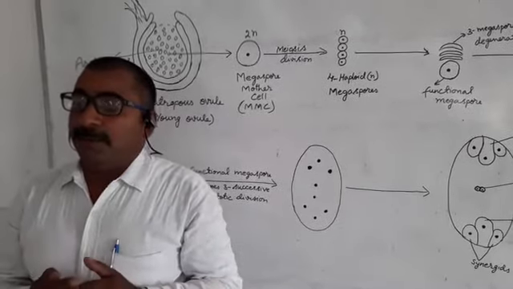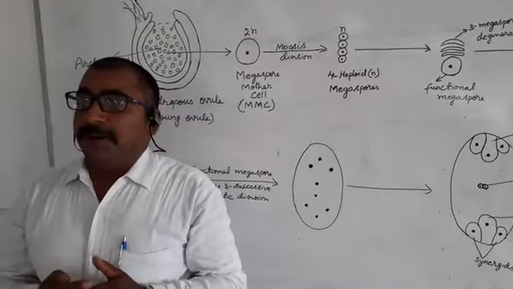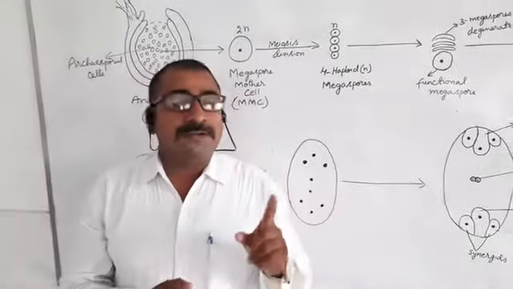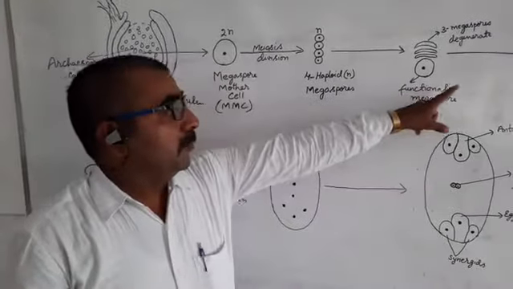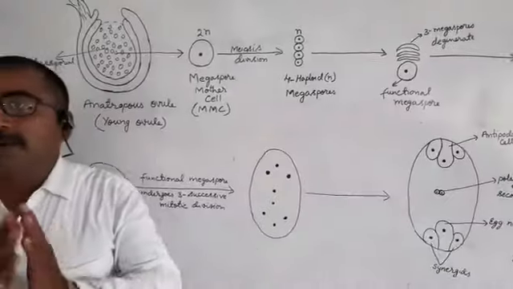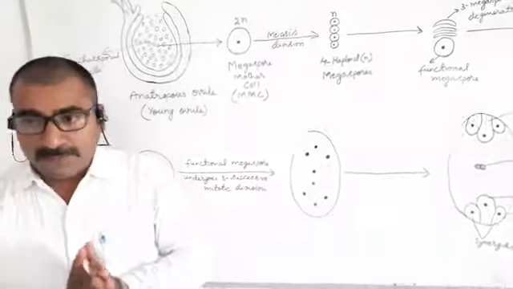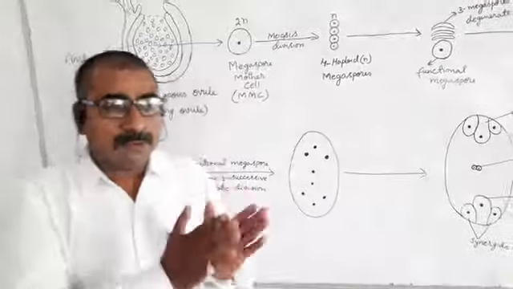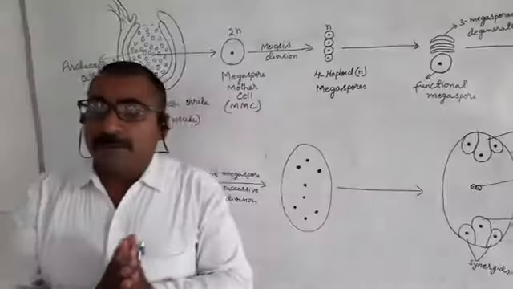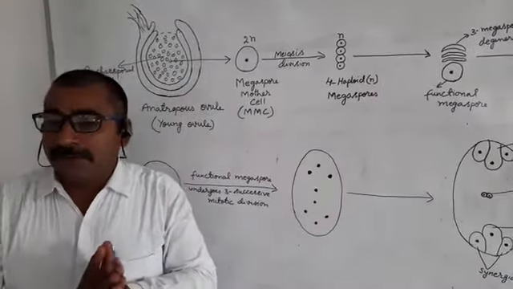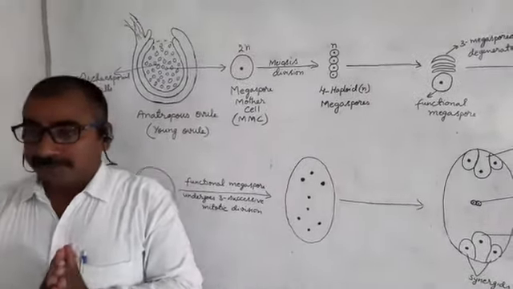So development of the embryo sac from a single functional megaspore is known as monosporic development. In the case of the anatropous ovule, the development of the female gametophyte is monosporic.